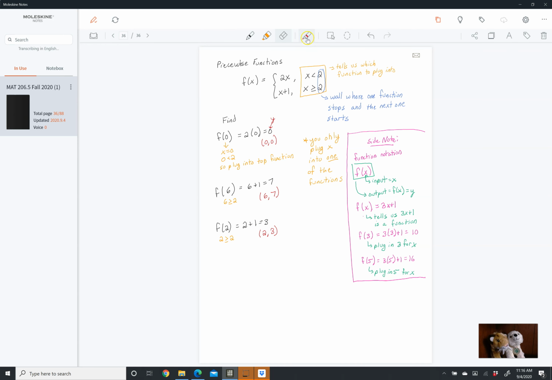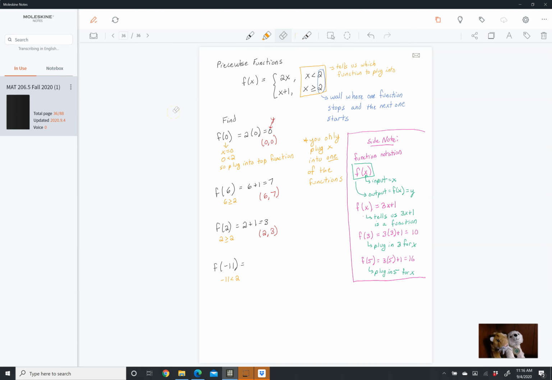Let's do one more from this function. Let's do f of negative 11. So you're going to go over here and you're going to say, okay, is negative 11 less than 2 or is it greater than or equal to 2? Negative 11 is less than 2, which means that you plug into that top function.